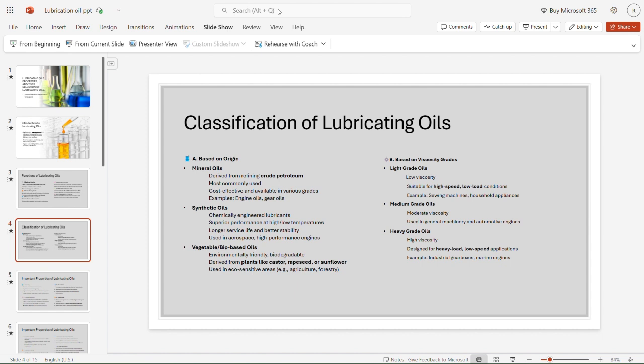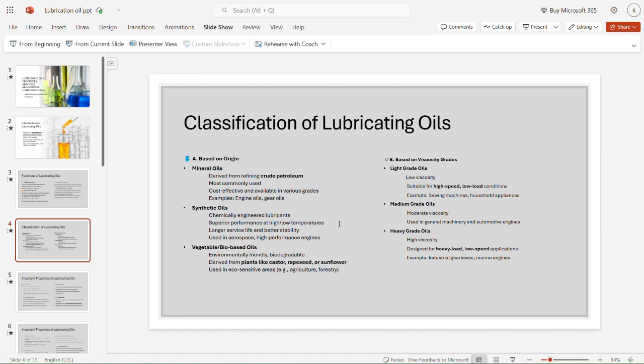It gives a superior performance at low and high temperatures. It also increases the life and stability of the mechanism or machine. Basically it is used in aerospace and high performance engines.